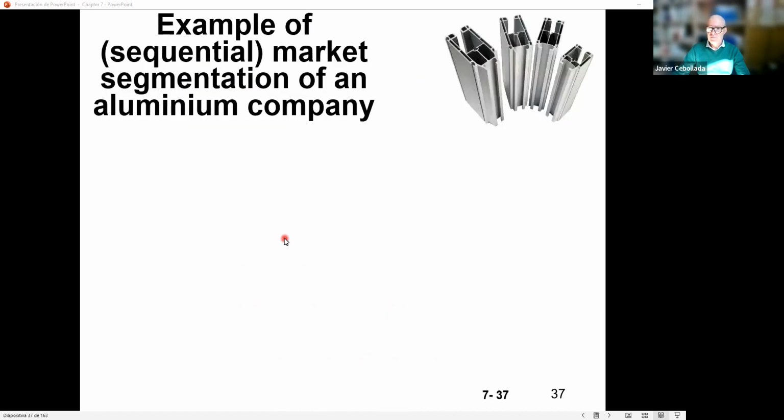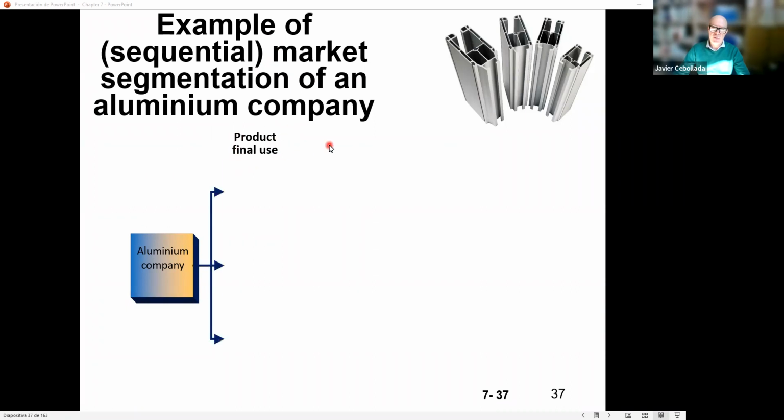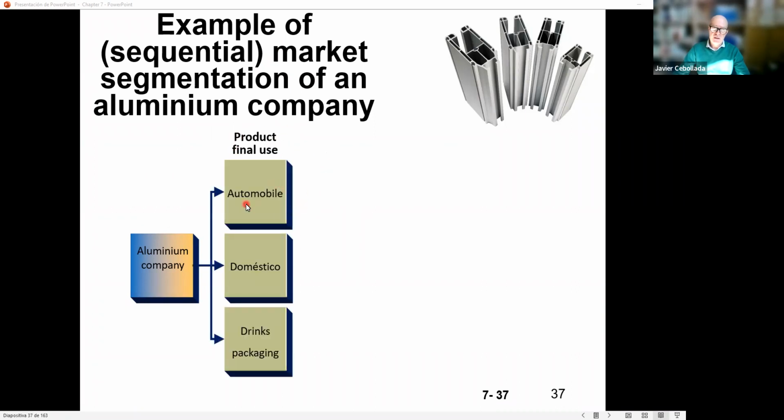And here we have an example of a company selling aluminum. It segments the market in a sequential way, okay? Like step by step. For example, it starts by the final use of the product, and then it has customers that use the aluminum for making automobile components, others for house construction, and others for drinks packs.